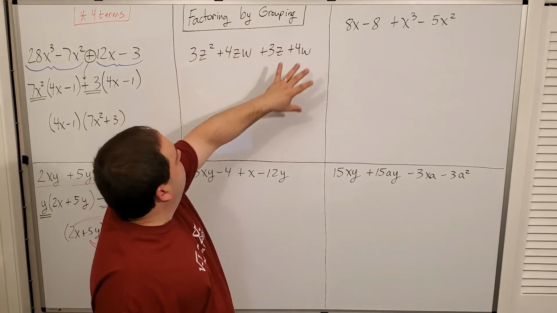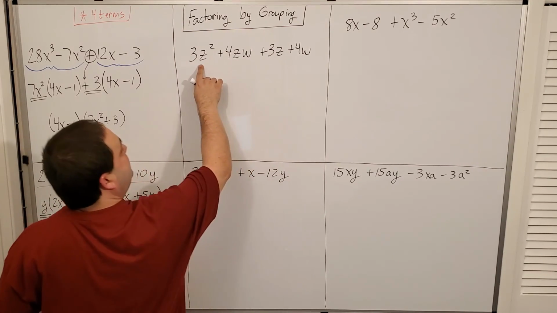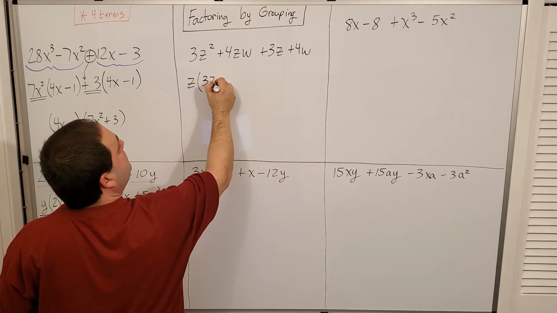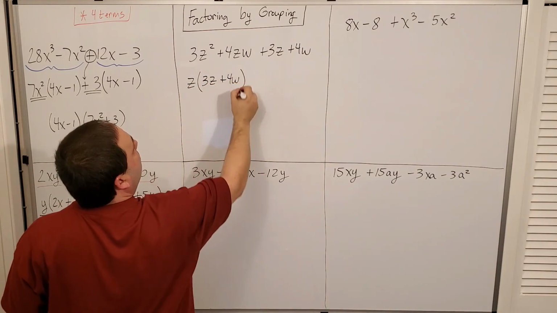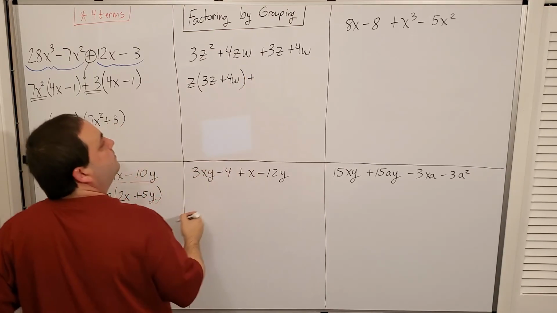Okay, let's go again. Let's take the front two. These two guys have a z in common, leaving me with 3z plus 4w. Match the middle sign, plus.